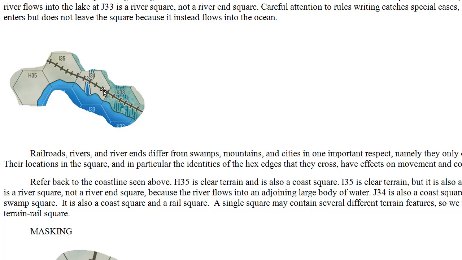A rail square, there's a rail there. A coast square, it borders on water. It's not a swamp because the swamp has been very carefully printed so the beryl green does not lap over into square J34. On the other hand, here's square K33. Square K33 is a swamp square, it's blue-green, but it's also a coast square, there's the coastline, and a rail square. So one square can have several different types of terrain in it.